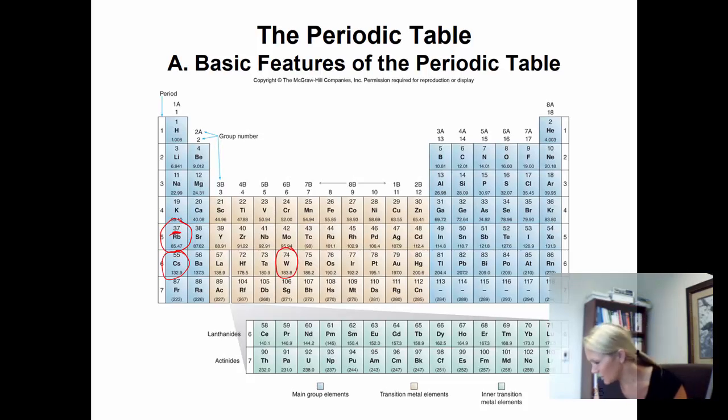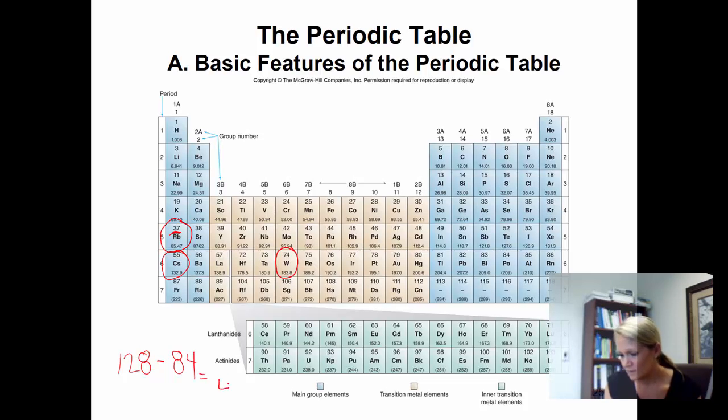For the next one, I believe we were given a mass number of 128. The mass number is the number of protons plus neutrons, and we were given that it had 84 neutrons. So 128 minus 84 gives us 44 protons.